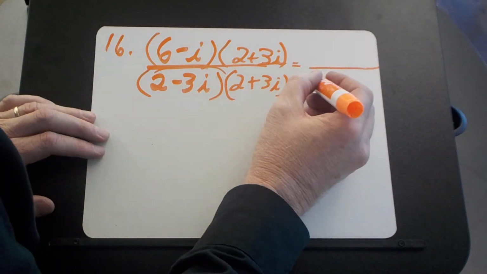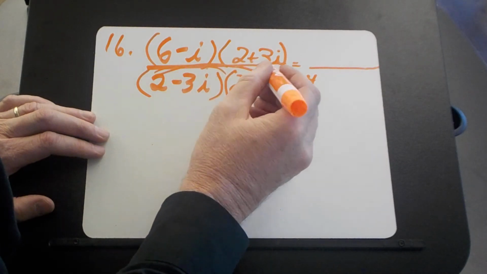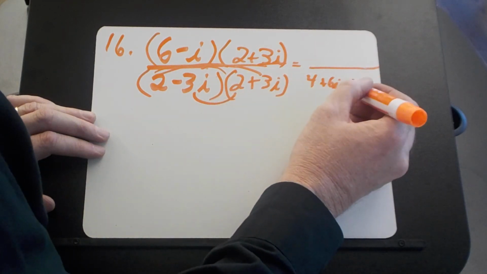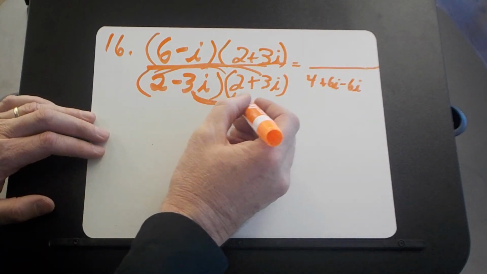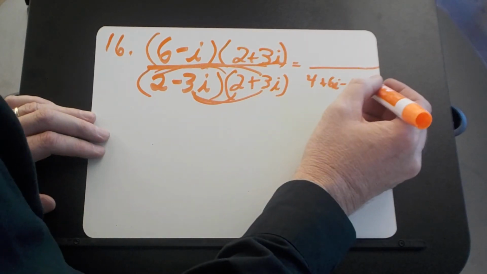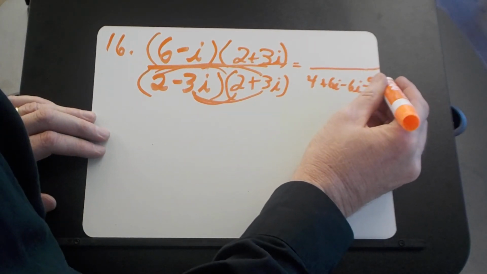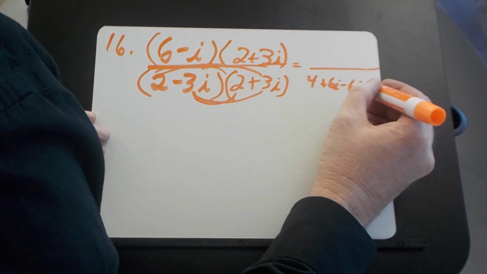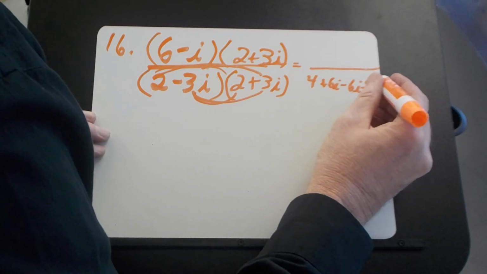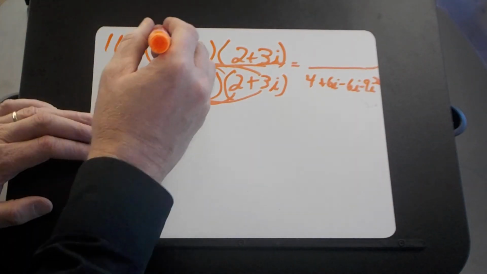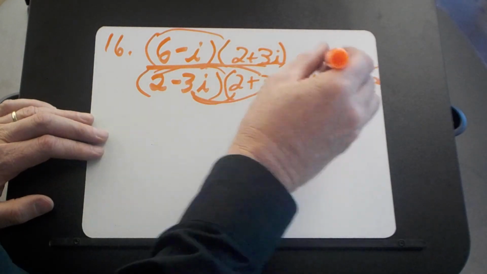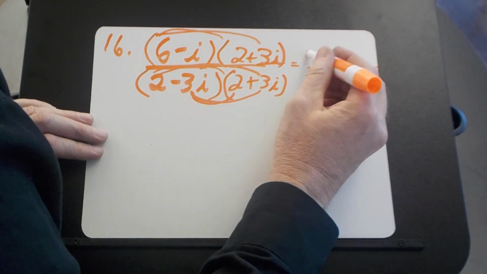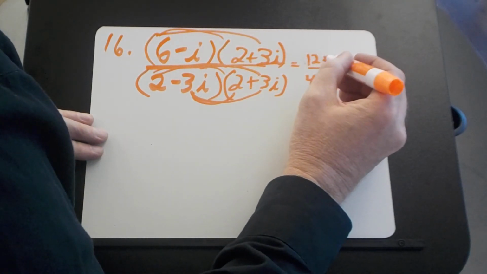Now let me see if I can get everything written there. 2 times 2 is 4. 2 times 3i is positive 6i. Negative 3i times 2 is negative 6i. Negative 3i times positive 3i is negative 9i squared. Okay. 6 times 2 is 12. 6 times 3i is 18i.